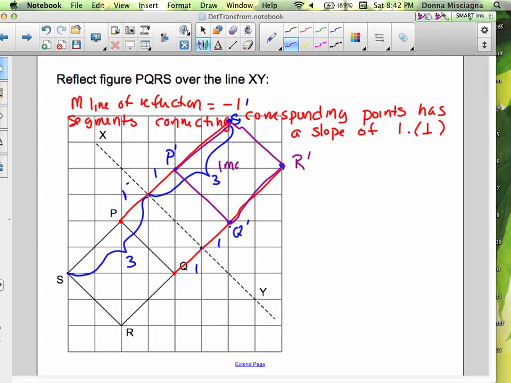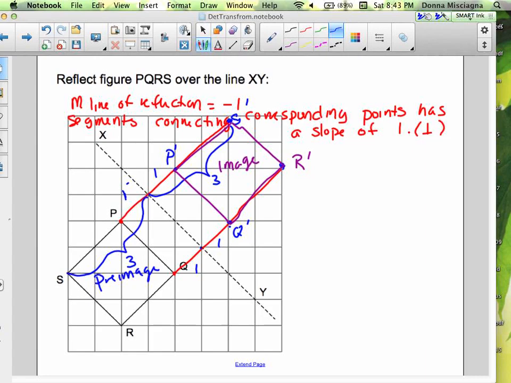I'm going to actually write image because with all these squares, the ones created by our segments connecting our corresponding points, as well as our image and our pre-image, which happen to also be squares. There we go. Right, so now you can see how to count.